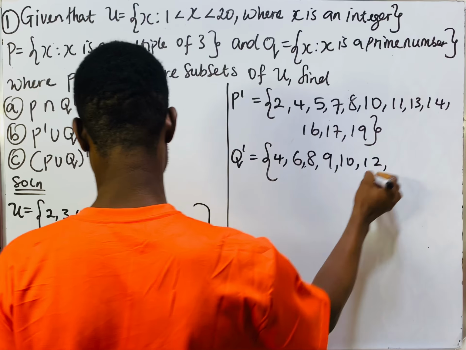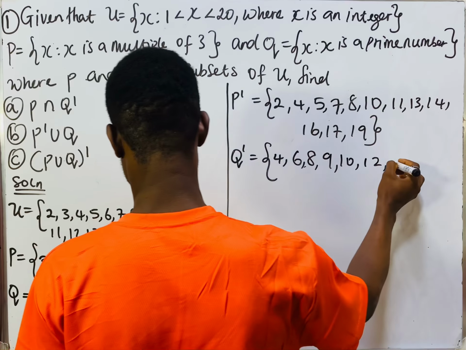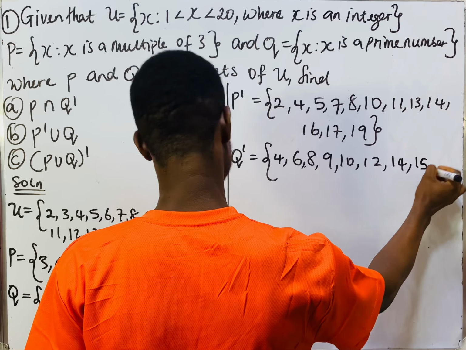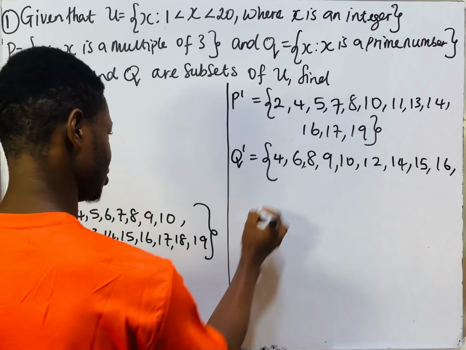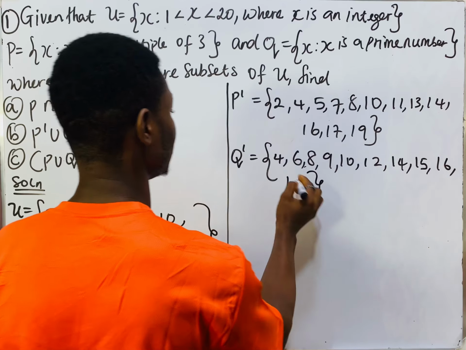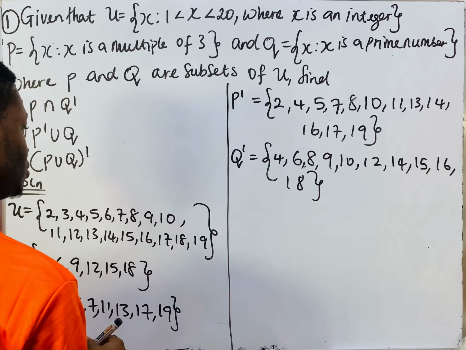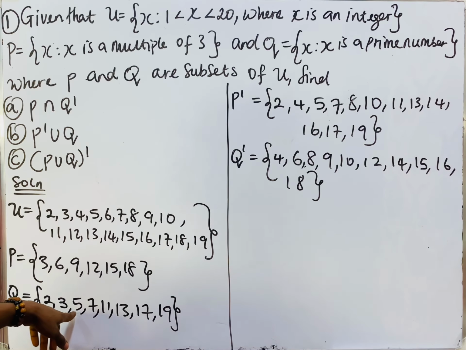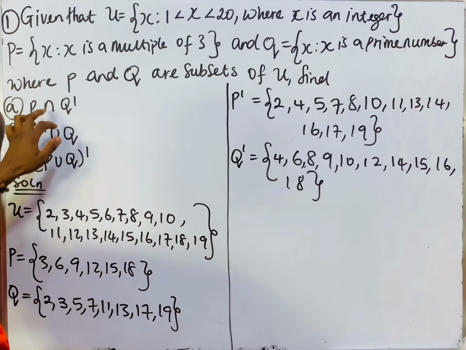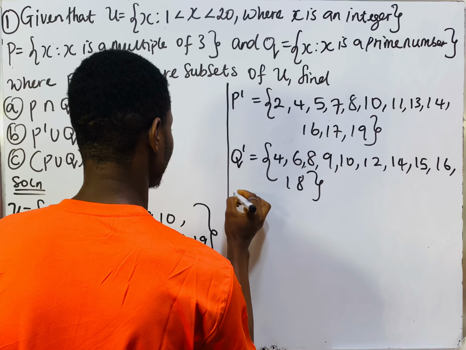So 12, 13 is here, 14, 15, 16, 17 is also here, 18. So these are Q prime. Alright, so now let's tackle the A aspect of the question.